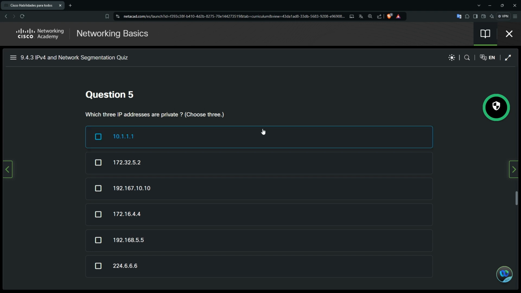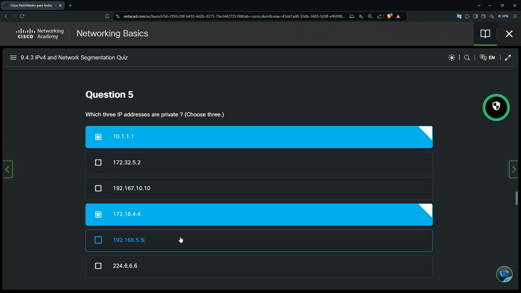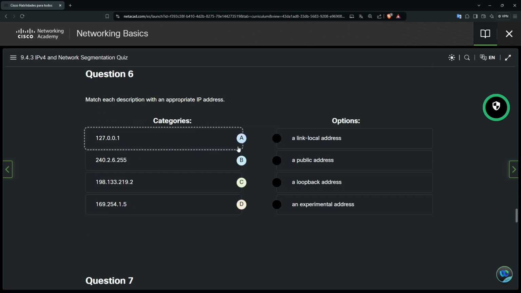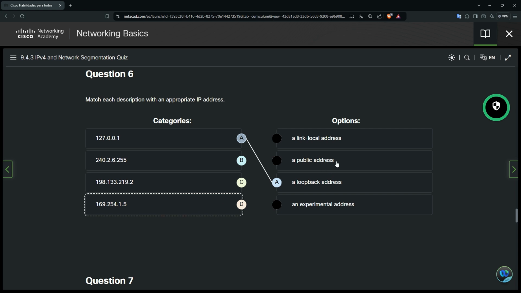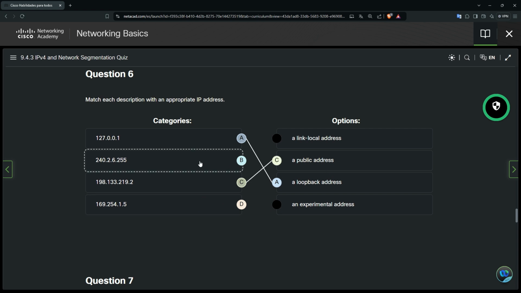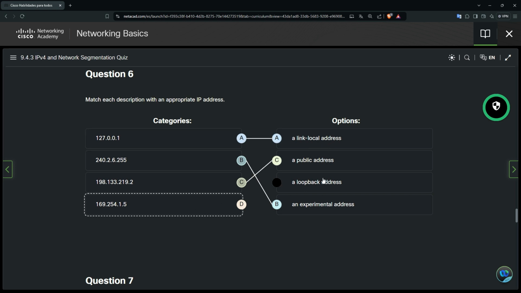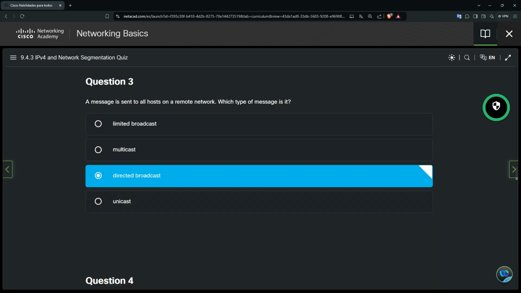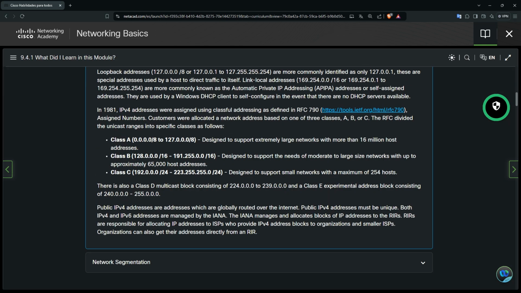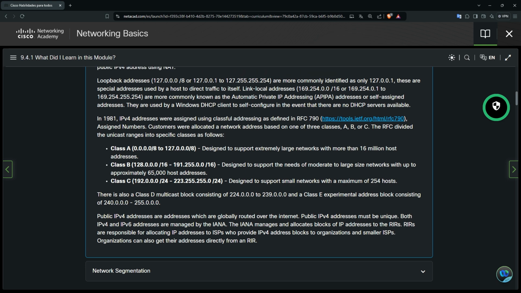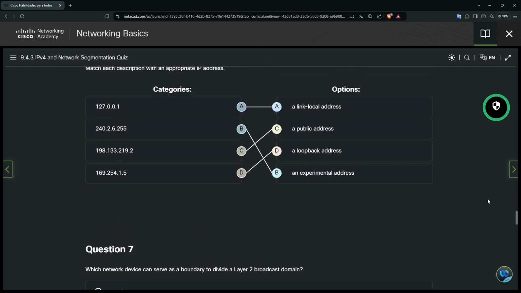Okay, which three IP addresses? Okay, 127 is loopback. Okay, this is here and this is here.